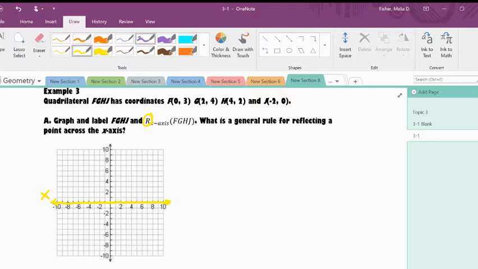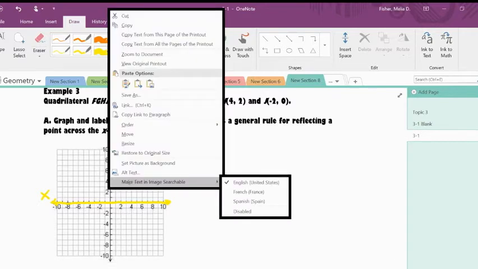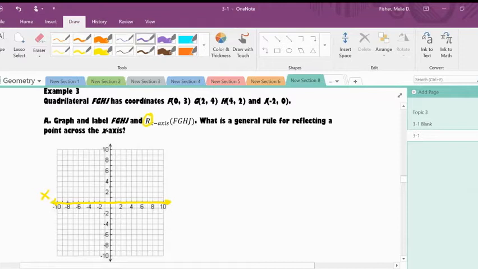So first thing we need to do is probably plot those points at 0, 3, and a point at 2, 4. A point at 4, 2. And a point at -2, 0.